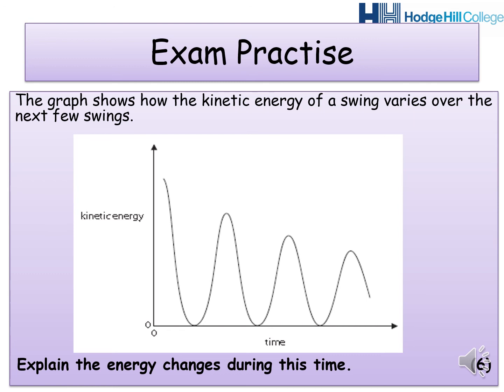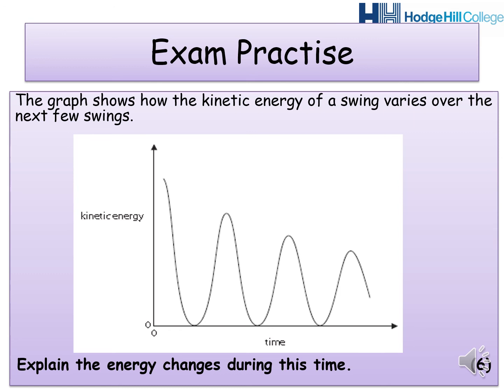The graph in front of you shows you how the levels of kinetic energy will be changing over time. You need to think about how that will have an impact and what effect that would be having on the gravitational potential energy at the same time.